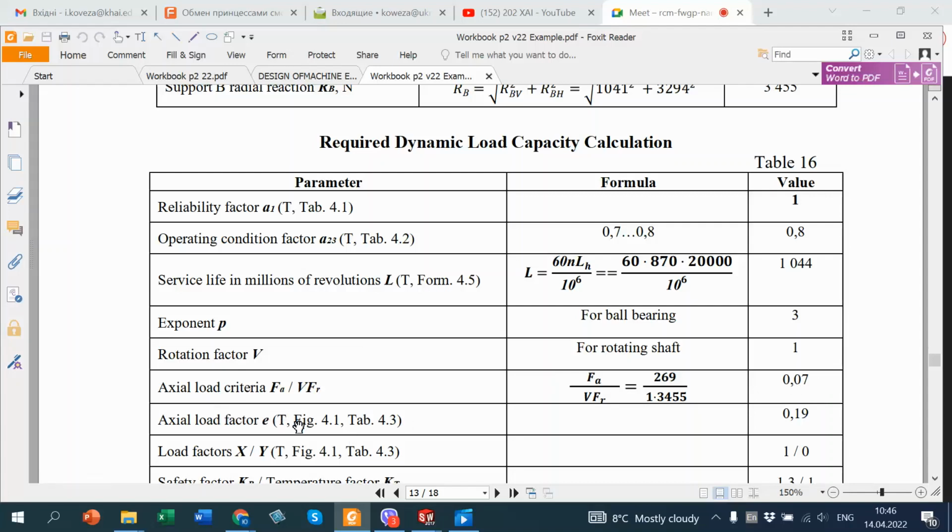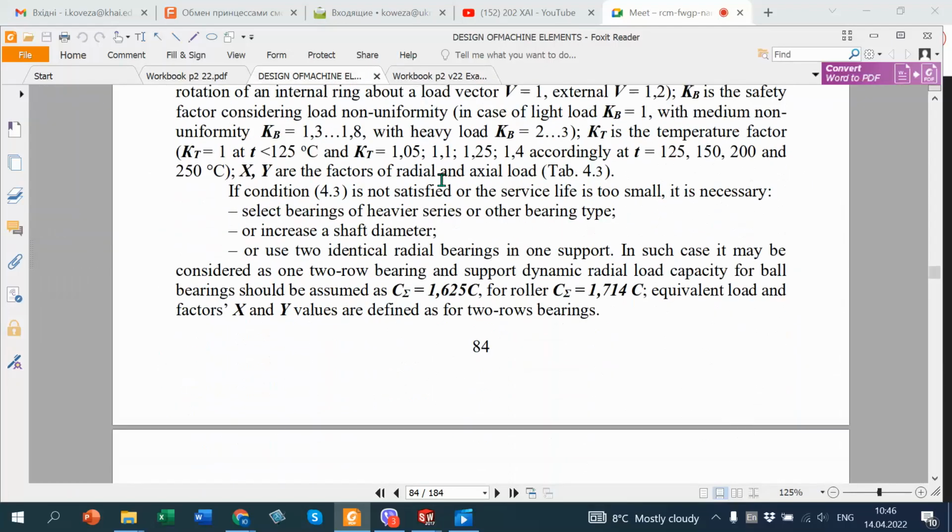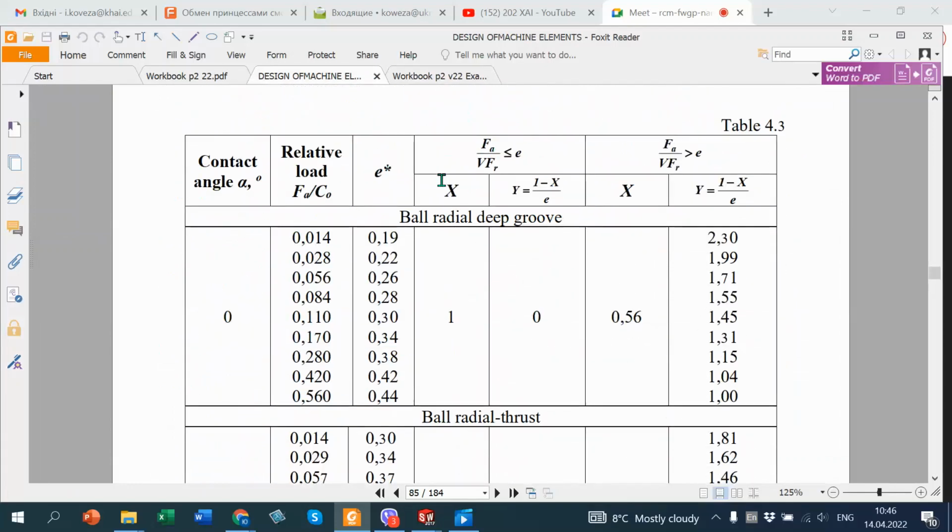Axial load factor 0.19. Why? Because for ball radial deep groove bearing, criteria e smallest is 0.19.